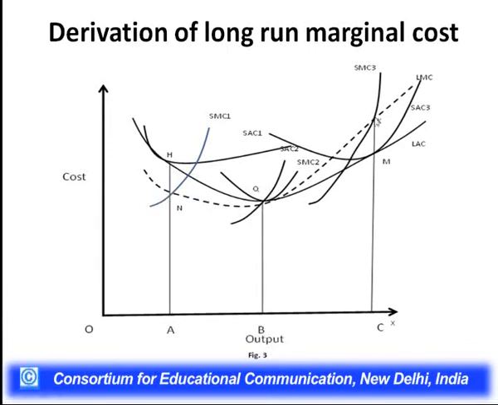By joining these points N, Q and K, we get the long run marginal cost curve.